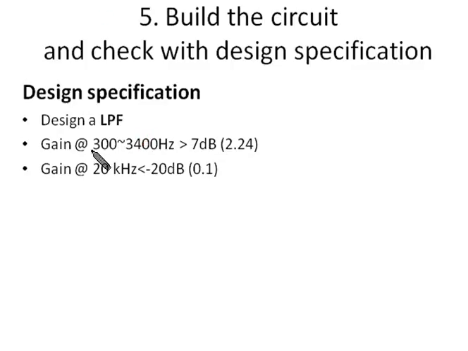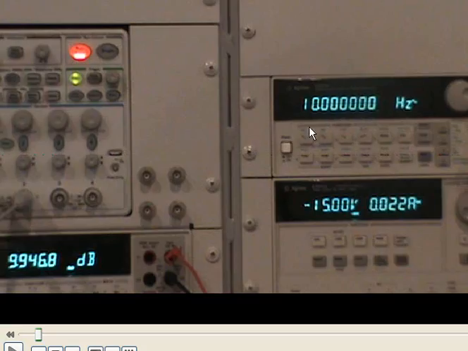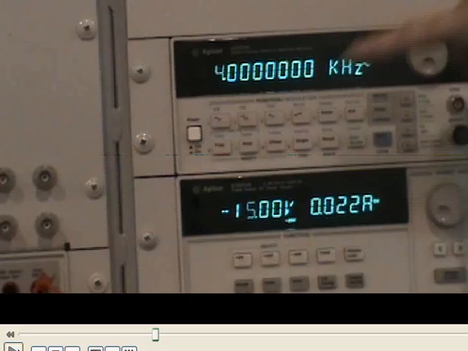Firstly, let's check the low frequency range from 300 hertz to 3.4 kilohertz to make sure the gain for the low frequency range is at least 7 decibel. So for the low frequency, let's see, at 10 hertz, the gain of the circuit is 10 decibel. So here, the passband gain is close to 10 decibel.